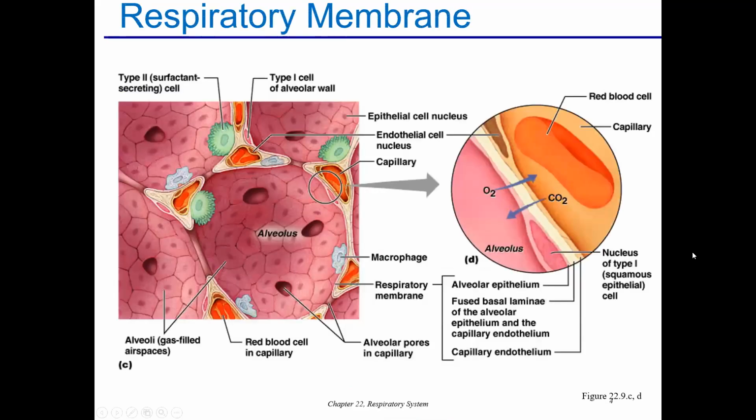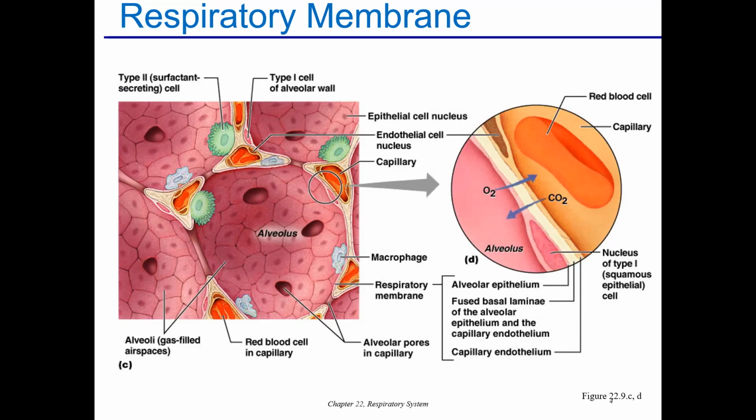The membrane is one cell layer thick. It is about 0.05 millimeters, I think, in size. Gases go across these layers very easily. Oxygen has a limit to how far it can go through diffusion, but the thickness of the cell layer of the alveoli and the thickness of the capillary wall stay well within those ranges.